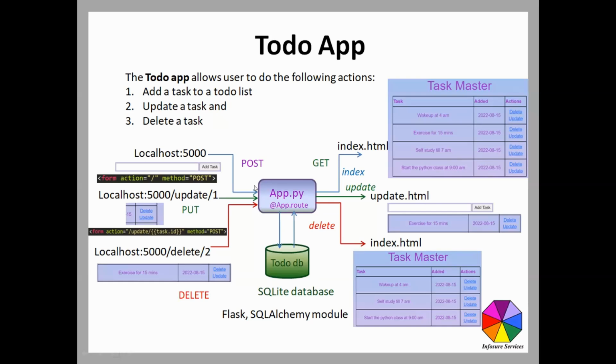So right in the middle, app.py. App.py is my main Python file. Now what it contains is a view with app.route. Each route will have one path.